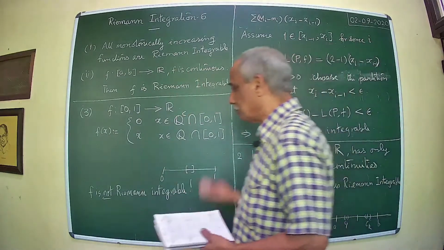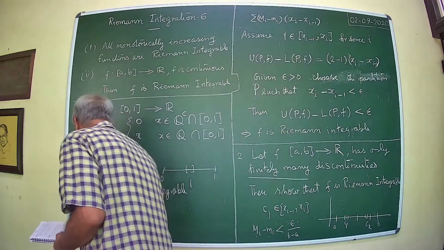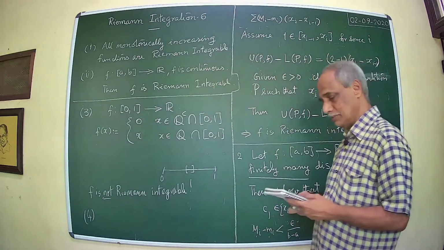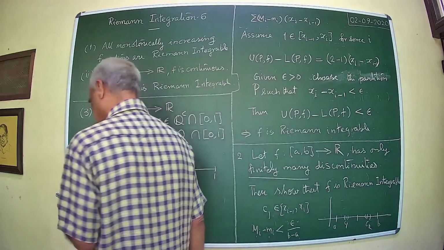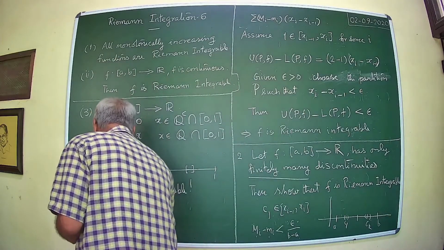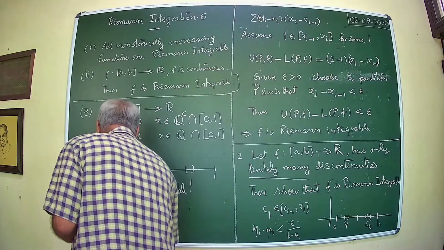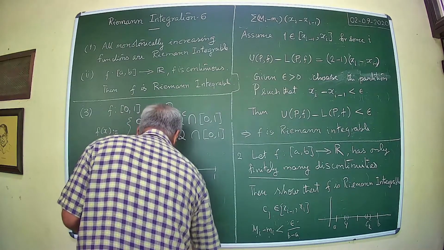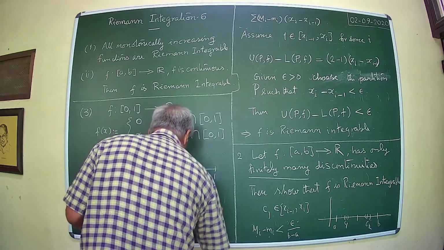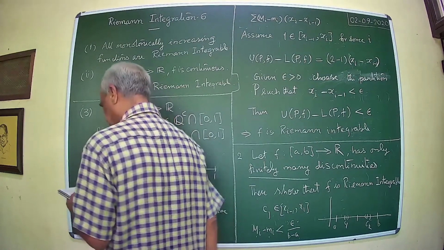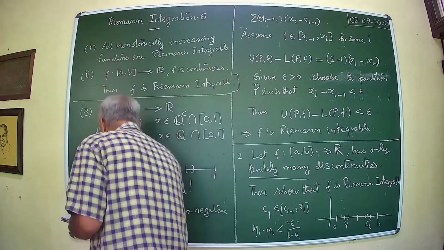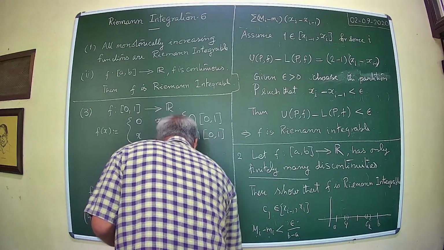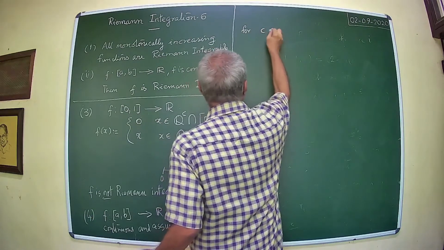So we also look at some tricks of working on this. Do the following example. Take f from A to B to R, non-negative, continuous, and assume f of c is strictly positive, c belonging to the interval.